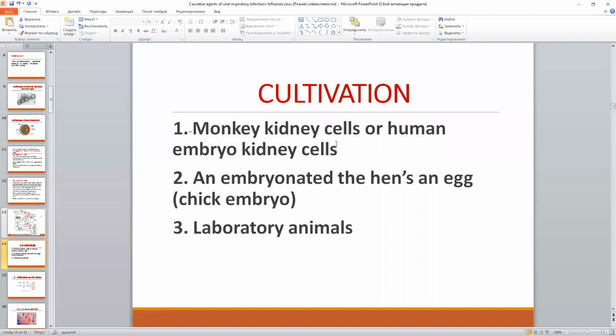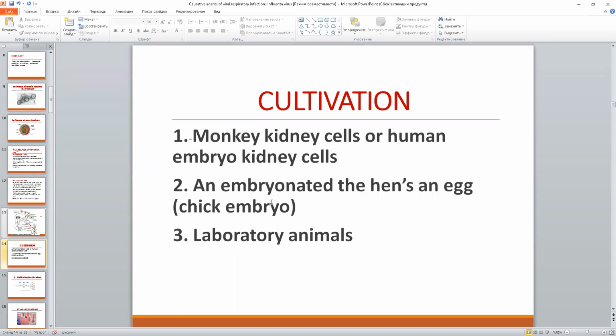Anyway, the cell cultures have their own names like HeLa, Hep2, monkey kidney cells, embryo human kidney, and so on. It's not necessary to memorize what they are, just cell culture in general. Then the second method is an embryonated hen's egg. In short, it is named a chick embryo. And it should be embryonated because people use for food an egg that is not embryonated. In this case, we need an embryo inside.